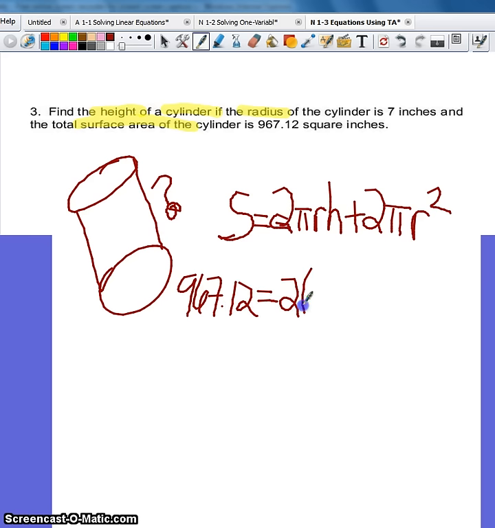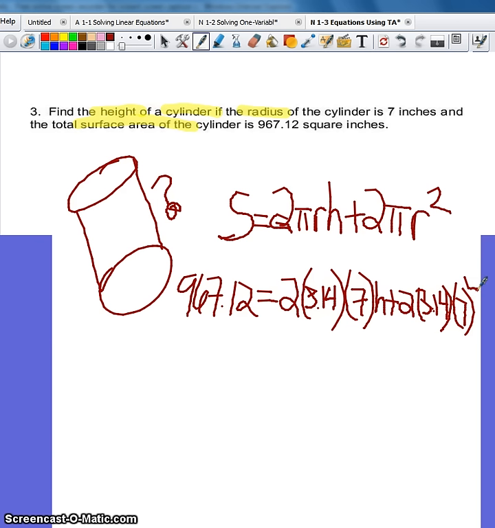I know pi is 3.14. I know my radius is 7. I don't know my height. That's what I'm trying to find. But I do know that I have a 2 and then a 3.14 and then 7 squared. I know that writing doesn't look too well, but we're going to try to make it do.